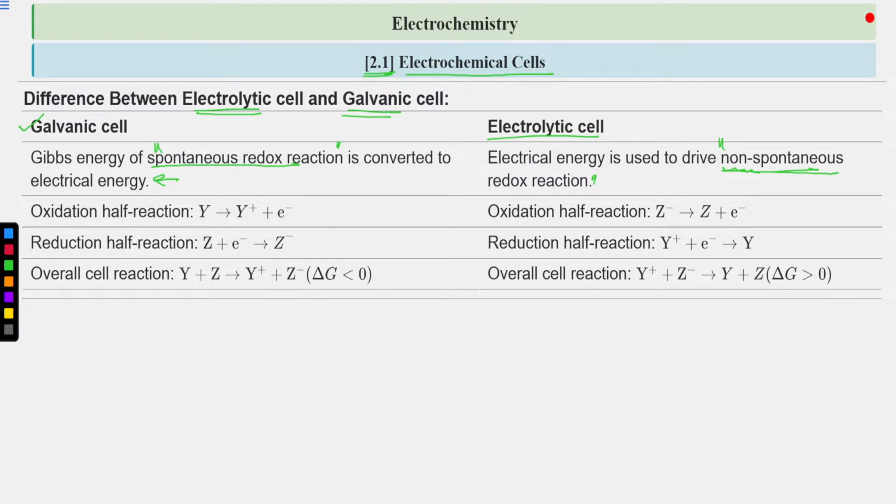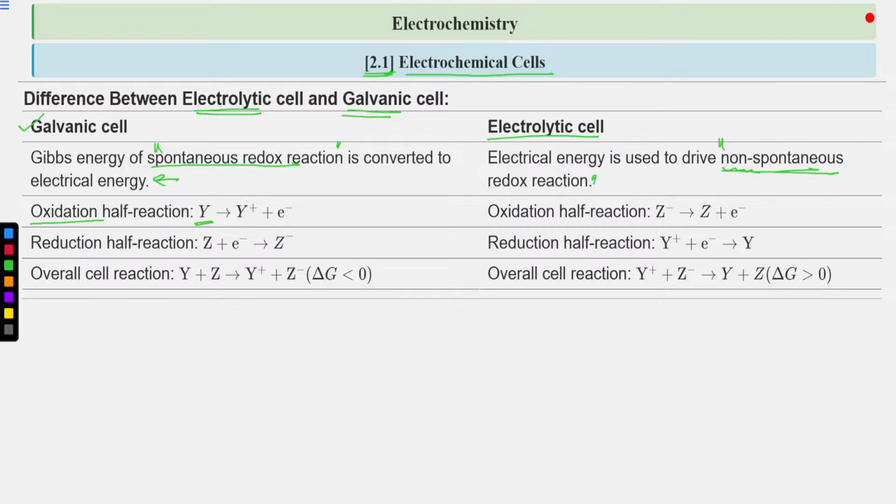Now if you talk about the second point, in the galvanic cell the oxidation half reaction. This is the first time we are seeing half reactions. If you have a redox reaction, you can divide it into an oxidation half reaction and a reduction half reaction. How will the oxidation half reaction look? Let's suppose it is an element Y, converting to Y positive plus an electron.